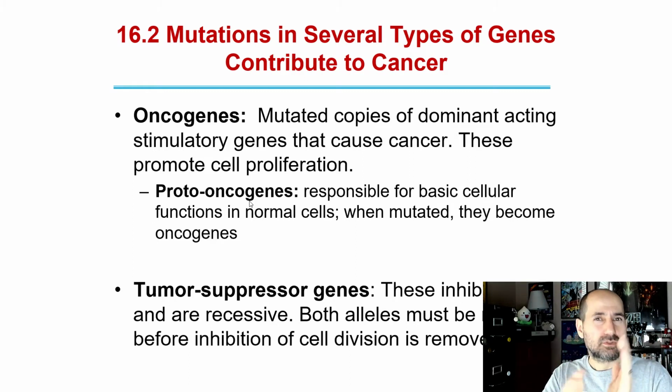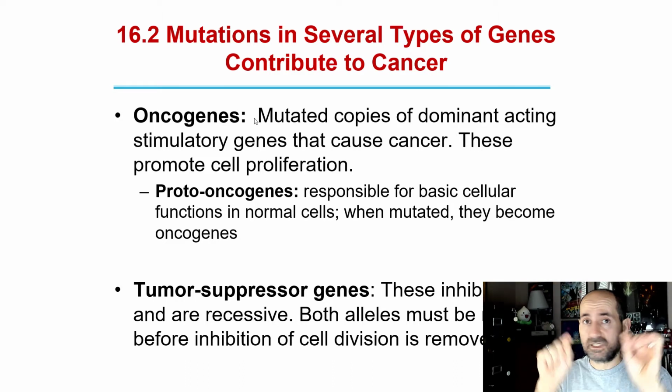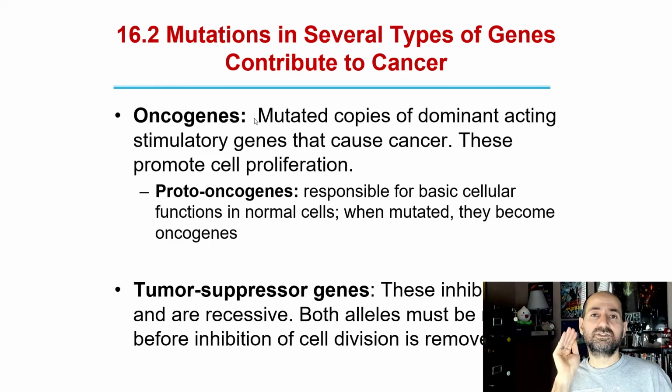A lot of them play a role in the cell cycle, like stimulating the cell cycle at the appropriate time. So they're perfectly good. But if you were to mutate them, they could become oncogenes. Oncogenes are mutated proto-oncogenes that are now just telling the cell to divide all the time, not just when it's appropriate to divide. Does that make sense?